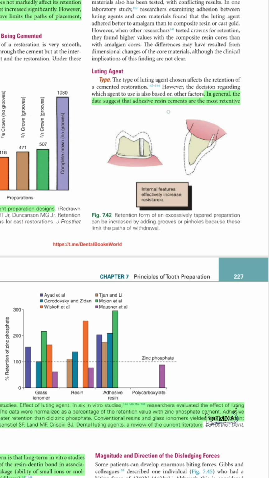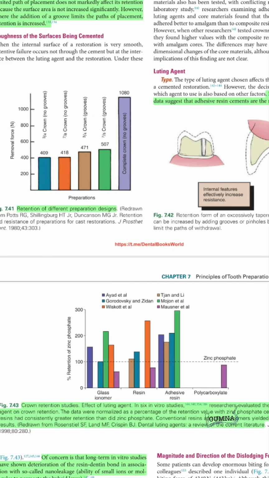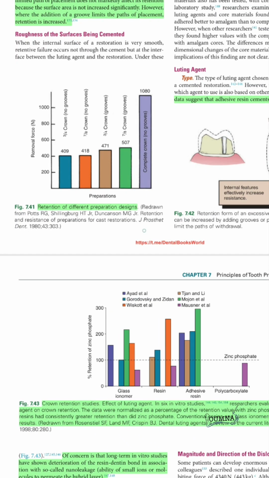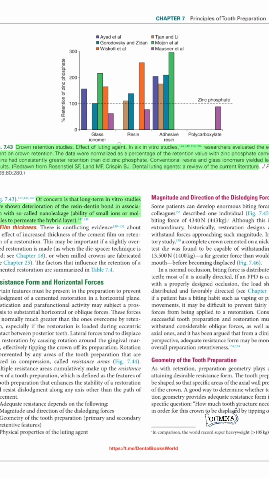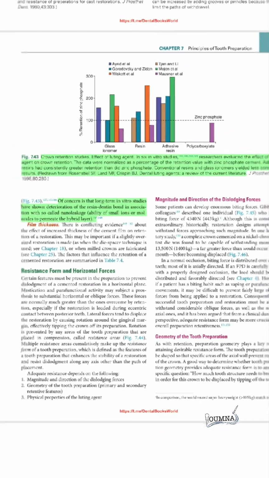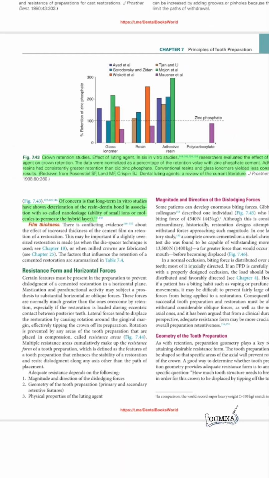The adhesive resin cements are the most retentive in comparison with other luting agents. Although glass ionomer is considered adhesive, it forms weak bonding, so it is more of a luting agent than a bonding agent.